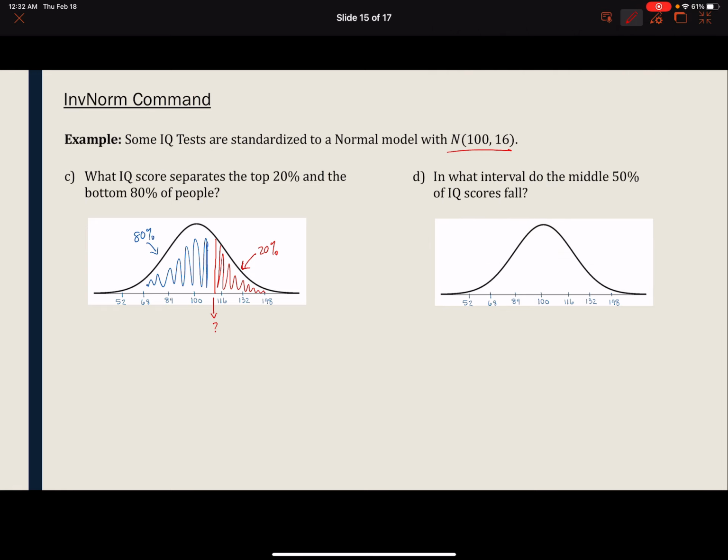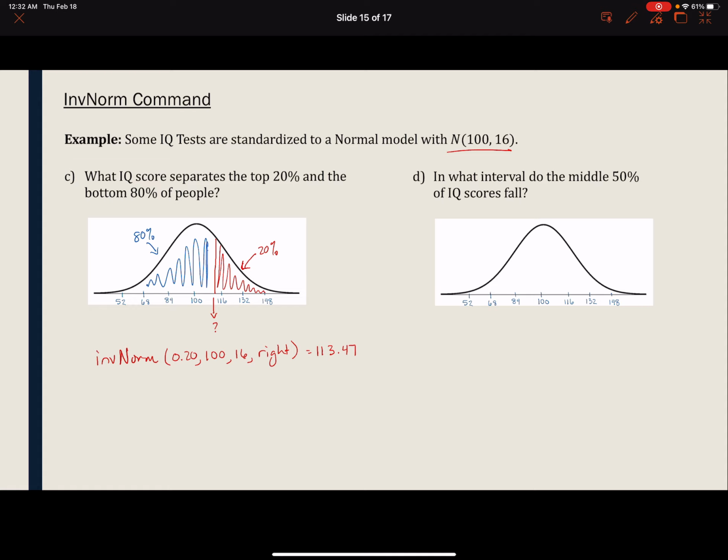All right, so if you have a newer calculator, you're going to do inverse norm, 0.20, 100, 16, and you're going to choose right. And when you do that, you will get 113.47.